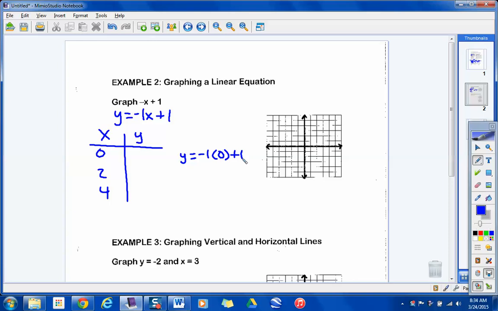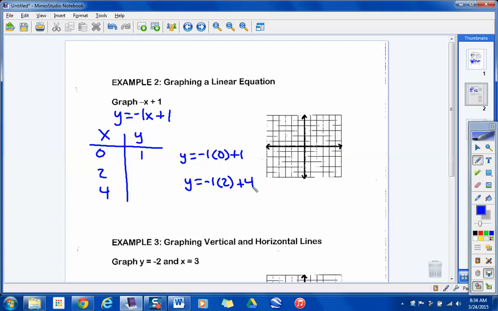Now, second one, instead of plugging in 0 here, let's plug in what value? Well, 2, right? So I've got y equals -1 times 2 plus 1. What's -1 times 2, kiddos? -2. -2 plus 1 more is?